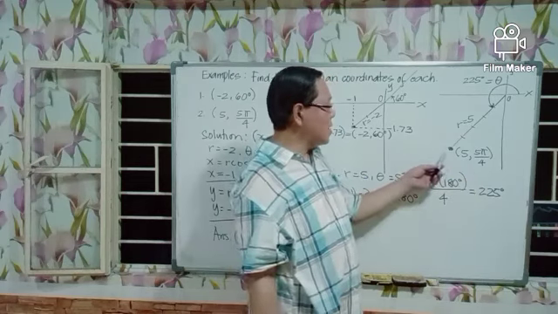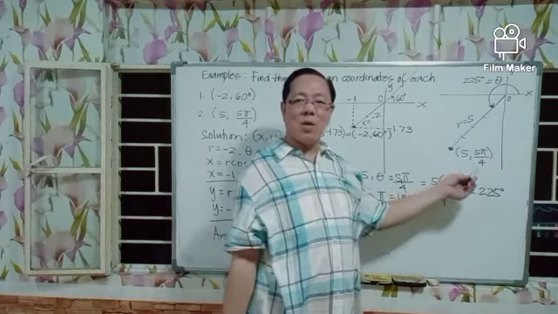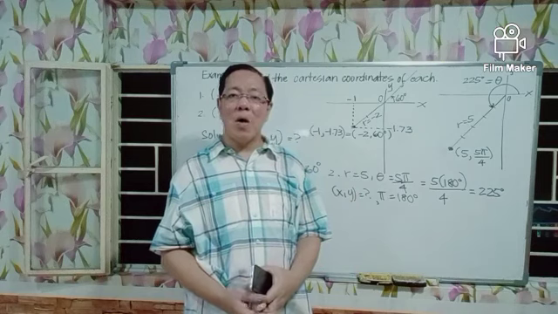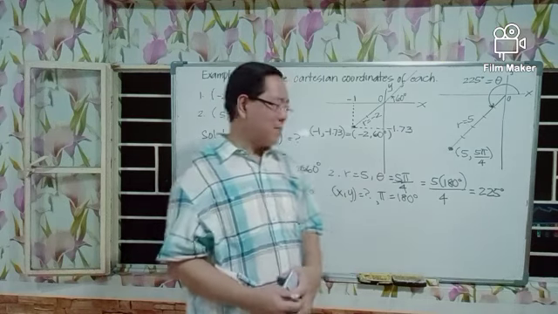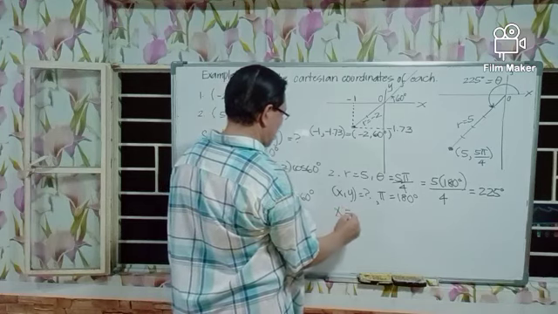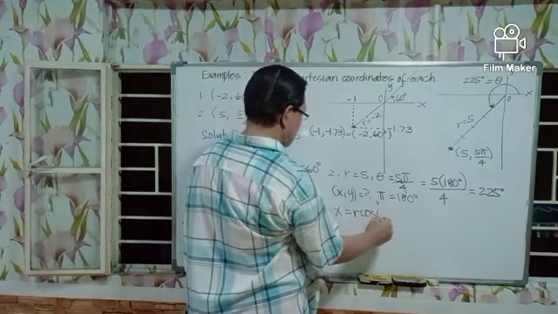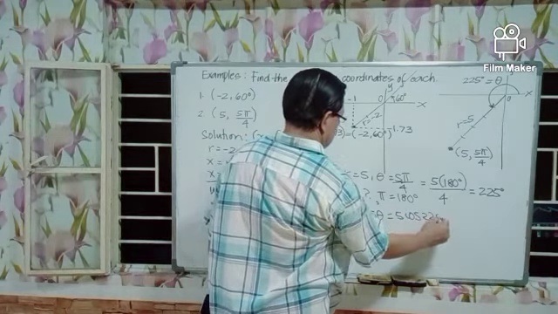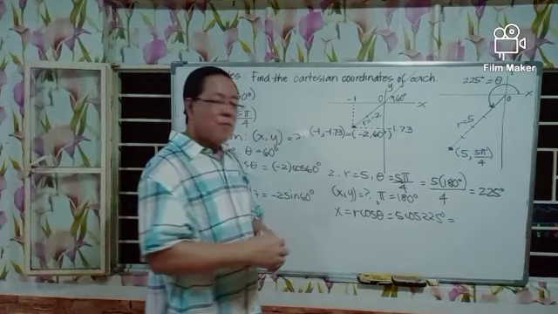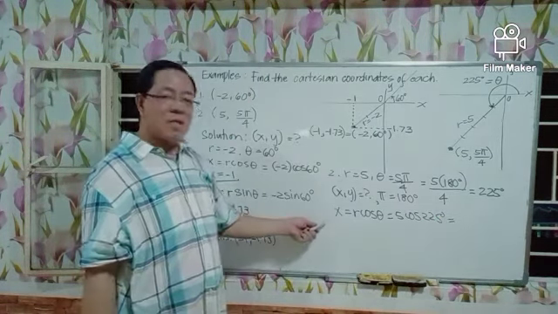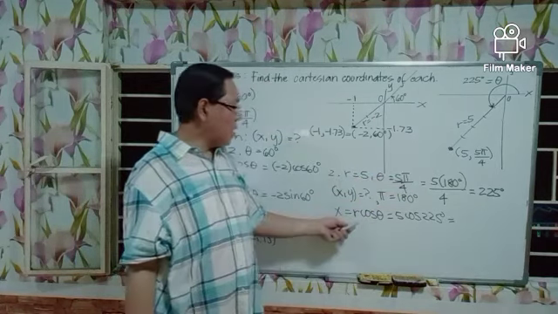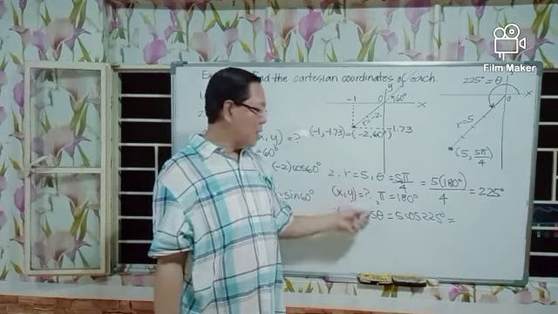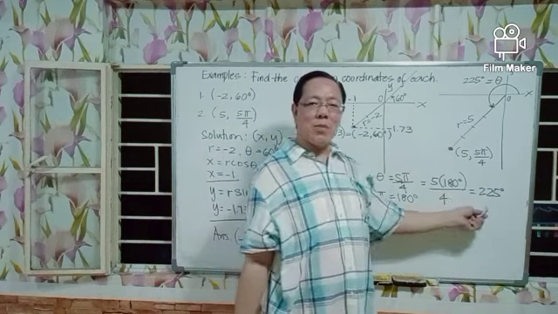We now find the Cartesian coordinates of this point with the given polar coordinates. For x, we use the formula derived from the cosine function of the acute angle theta. From the formula we derived earlier, x, the abscissa of this point, is given by r, the radius vector, multiplied by cosine theta. We replace r with 5, and theta in degrees, 225 degrees.